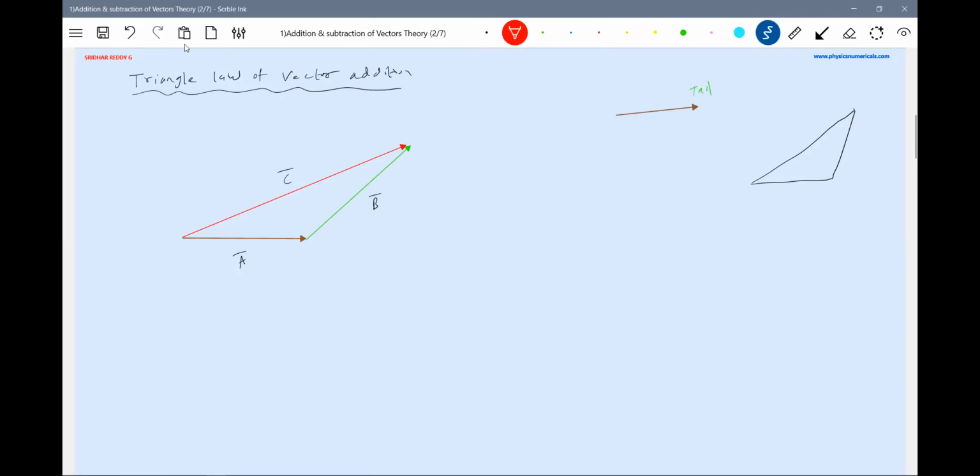This arrow, this particular point, is called the tail, and the arrow which indicates direction is the head of the vector. Then here the vector a bar represents one side of the triangle. What about the vector b bar? It represents another side of the triangle, and these two are called adjacent sides of the triangle. The resultant is given by the third side taken in reverse order or in opposite order.